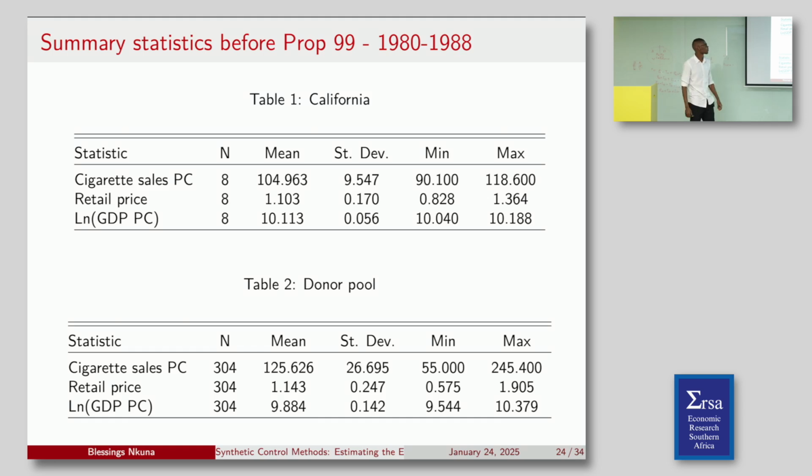You can see the average per capita cigarette sales are similar, and the retail prices of cigarettes are similar. The log GDP per capita is also quite similar, although standard deviations are quite different, but at least the means are relatively similar.